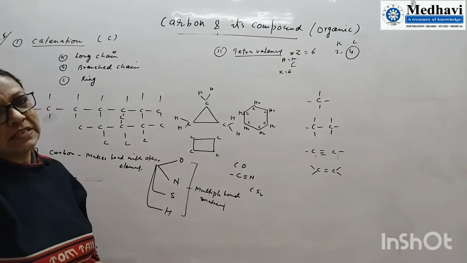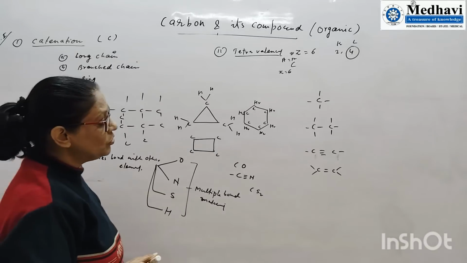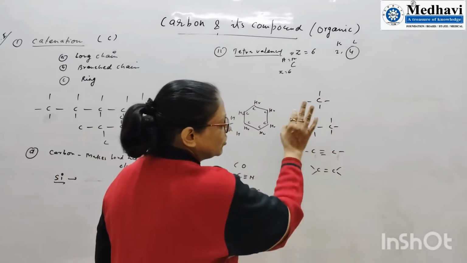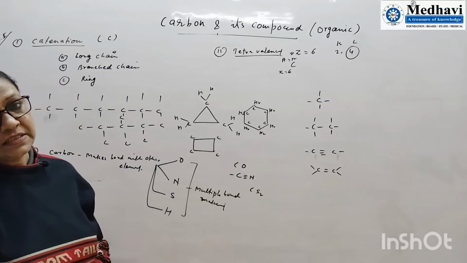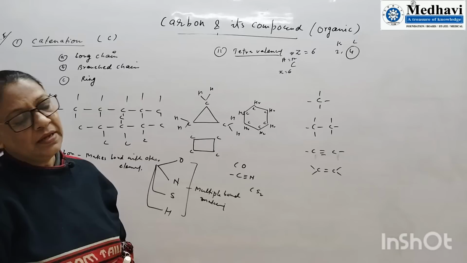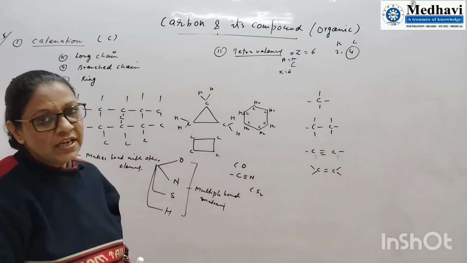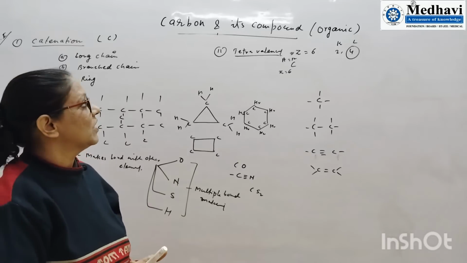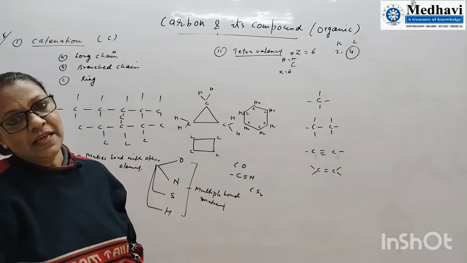Carbon is a stable molecule. Due to its smaller size, its bond is very strong, so it is stable. That's why so many compounds are formed, and there is a requirement of a new branch of chemistry, that is organic chemistry.